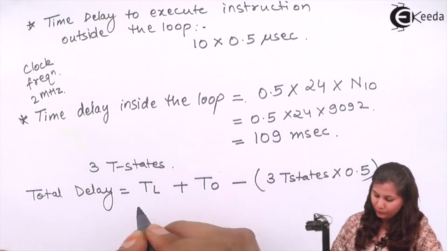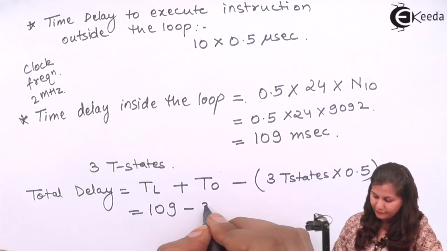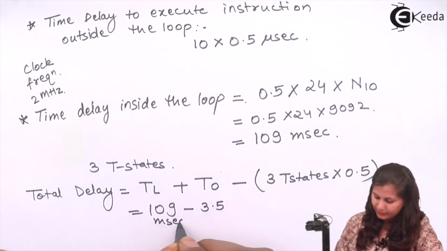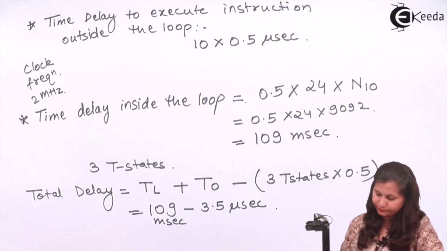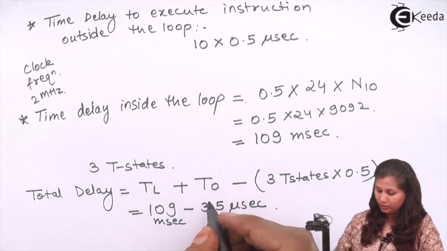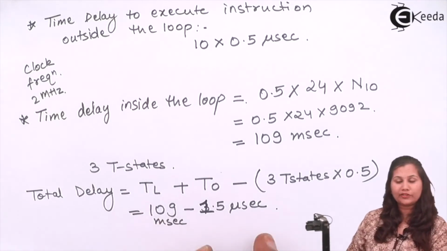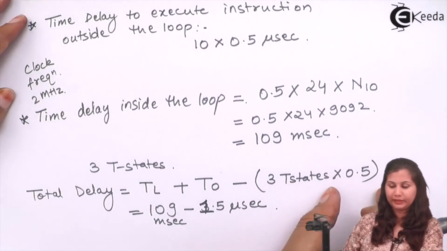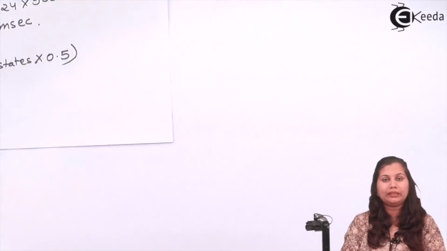So we have calculated 109 milliseconds minus 3 into 0.5, that is 1.5 microseconds, but this is in milliseconds and this is in microseconds, so you have to adjust this delay also. This is the adjusted loop delay. So this is how we use the technique of time delay using the register pair.